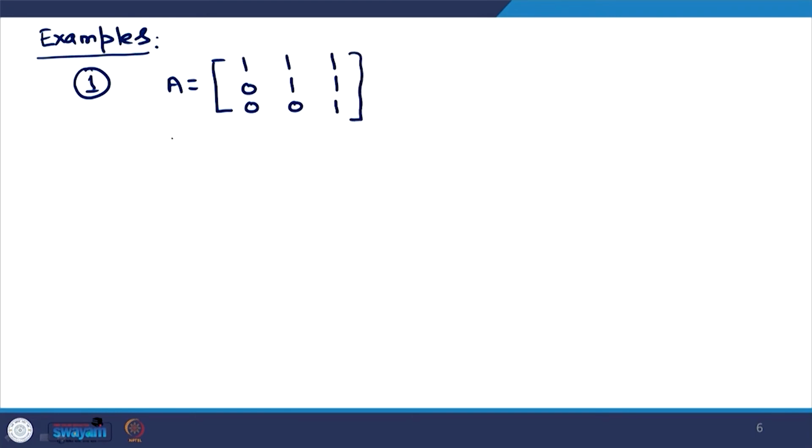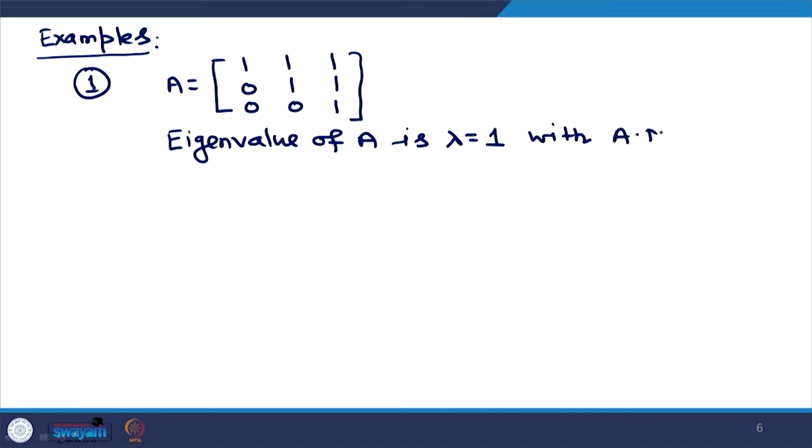Then the eigenvalue of A is lambda equals 1 with algebraic multiplicity 3.